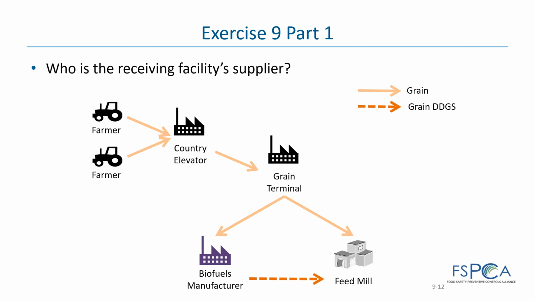Okay, because the biofuels manufacturer did something of consequence to that product. They were the last ones that did something of consequence to it. So now if the feed mill wanted to, they could ask that biofuels manufacturer to control this particular hazard for them and establish a supply-chain-applied control.